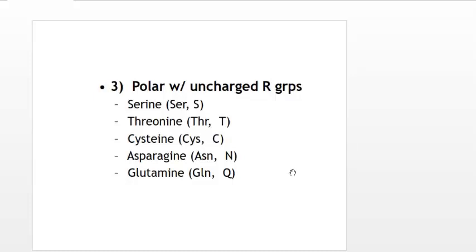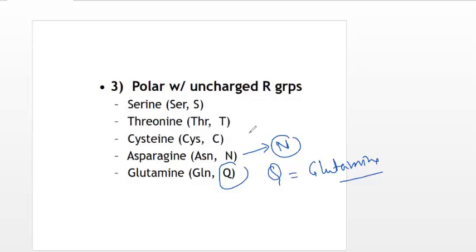Glutamine is abbreviated Q. You remember Q means glutamine. Asparagine is not A, it is N. Cysteine is C, threonine is T, serine is S.